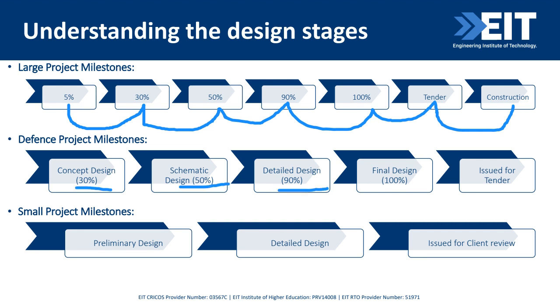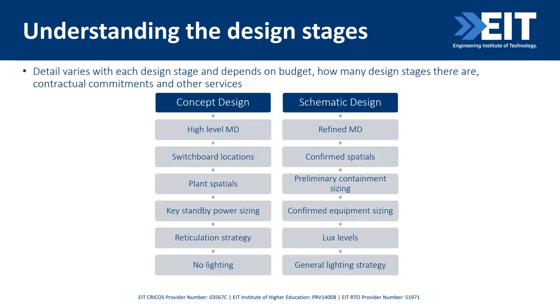Or you might have a small project where you just do a preliminary design, then you do a detailed, and then you're finished. So there's no set rule. It does depend on your client and your project size.